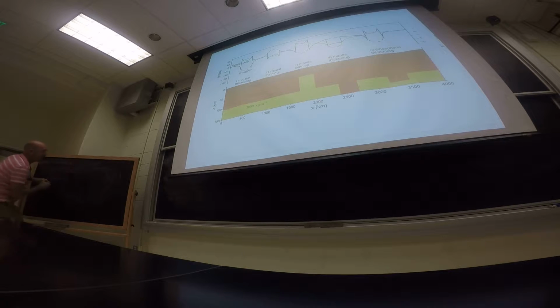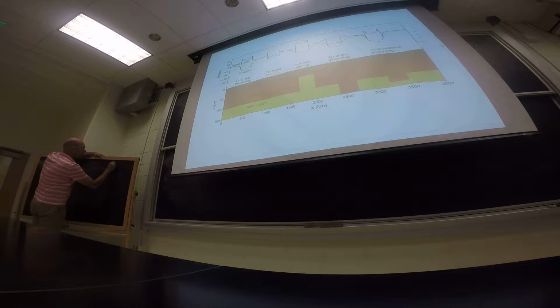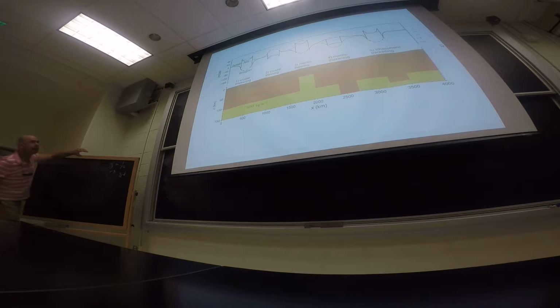So remember that gravitational force is proportional to 1 over r squared, right? So as r increases, g, gravity, decreases, right?